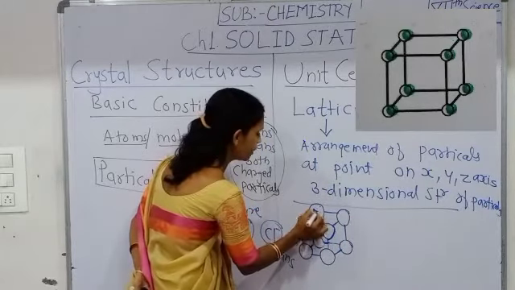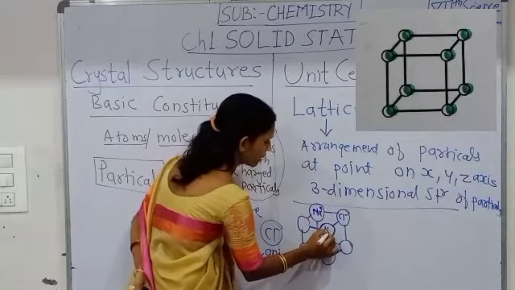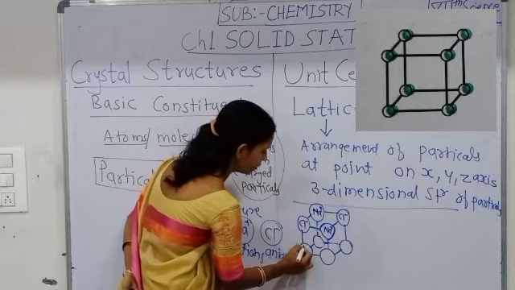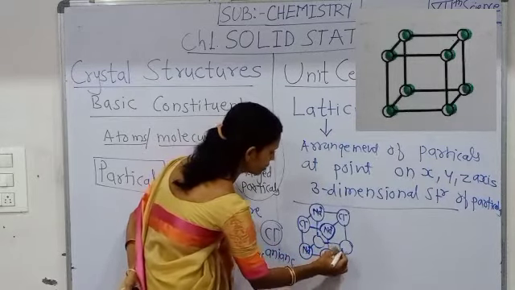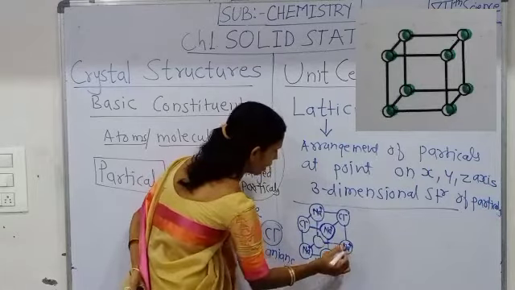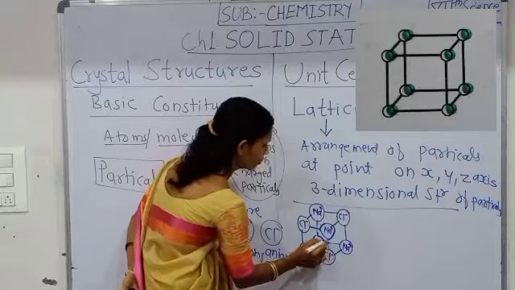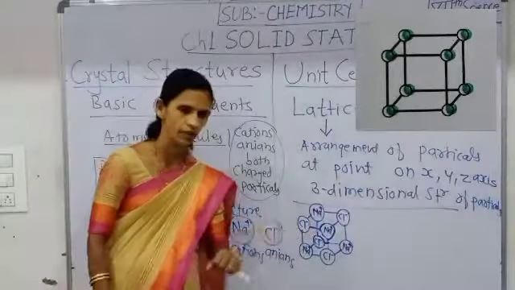Here the Na+ ions and Cl− ions are arranged alternately at the corners of the cubic lattice structure, and this gives the structure of the unit cell of NaCl.